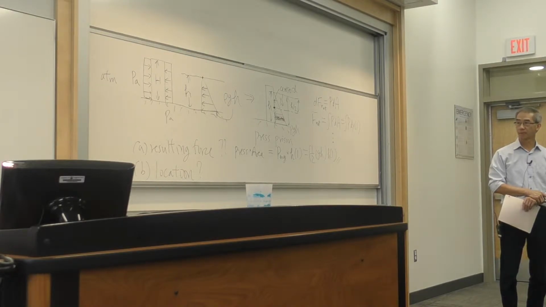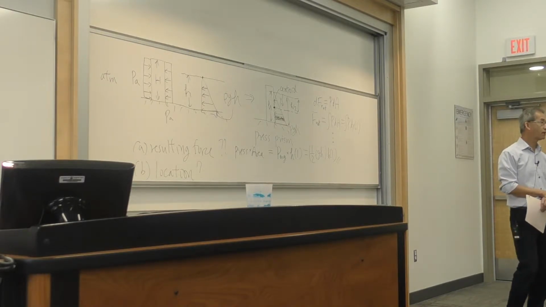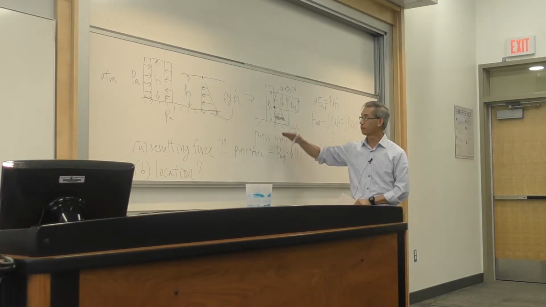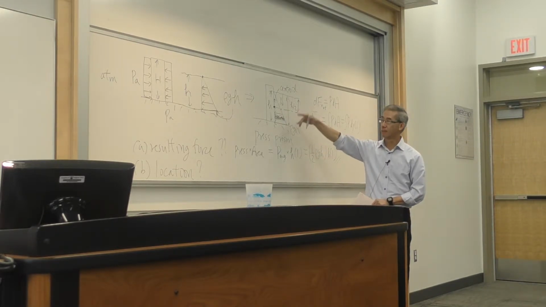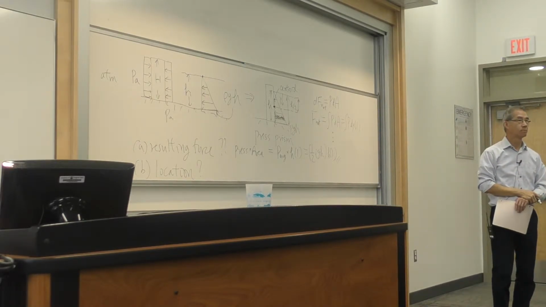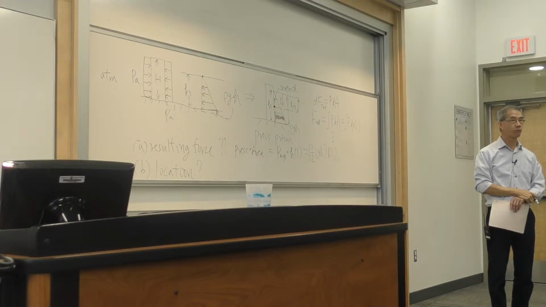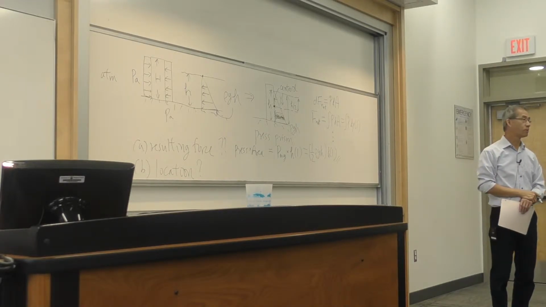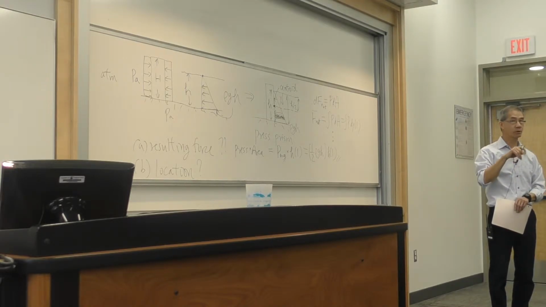Okay, now the location, where this resultant force will act on a triangular distributed pressure or force that vary from 0 to rho gh at the bottom, a triangular shape.